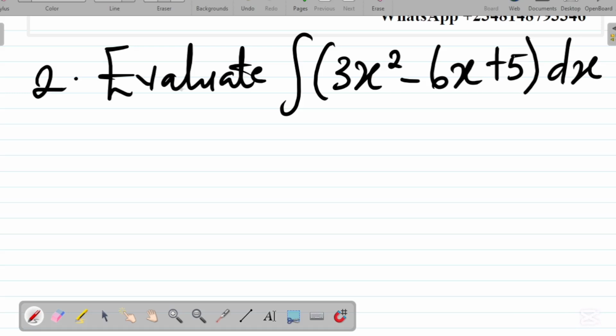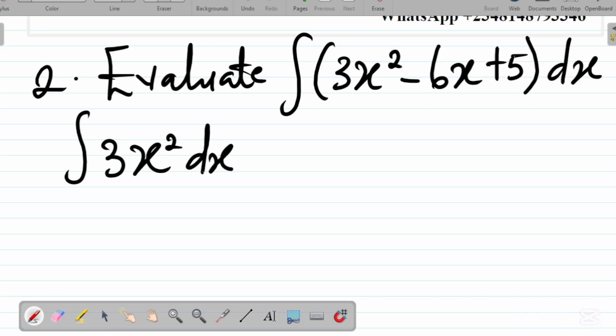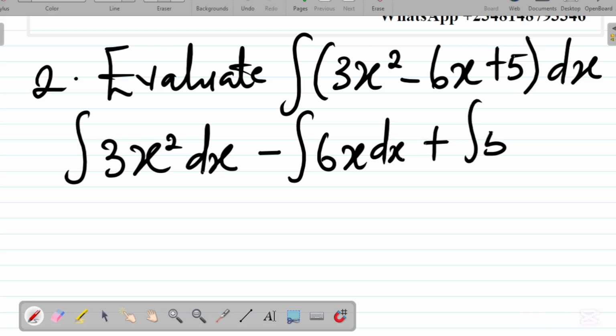Our first task is to attach the integral sign to each of the terms. So we have 3x squared dx minus 6x dx plus 5 dx. Our next task is to bring out the constant terms.